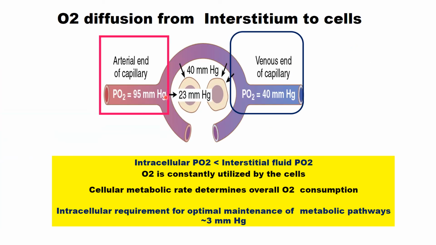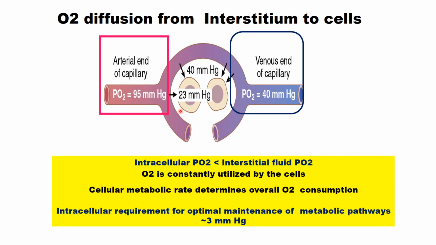Finally, the third step in the transport of oxygen is delivering of oxygen to the cells. So when the capillary reaches to the level of the tissues, it has still a partial pressure of 95 millimeters of mercury, and then it diffuses to the interstitium that has a partial pressure of 40 millimeters of mercury.